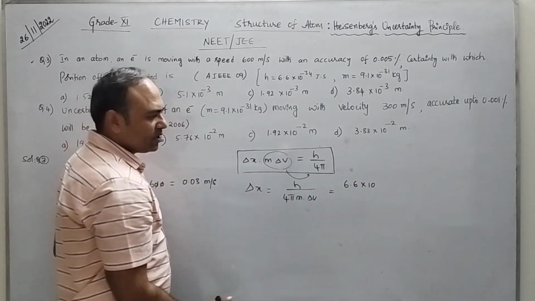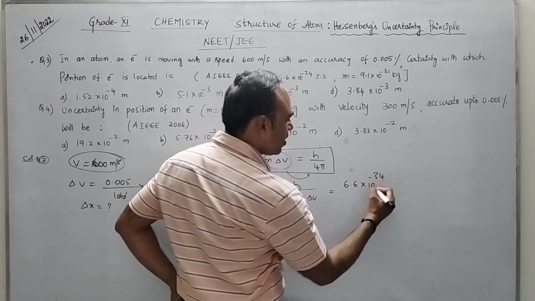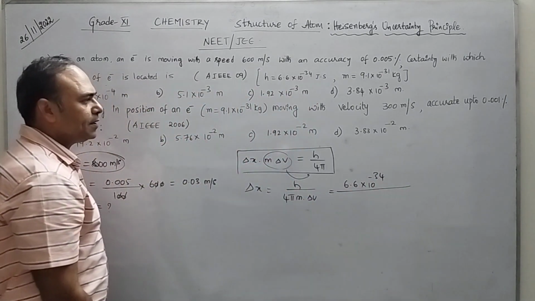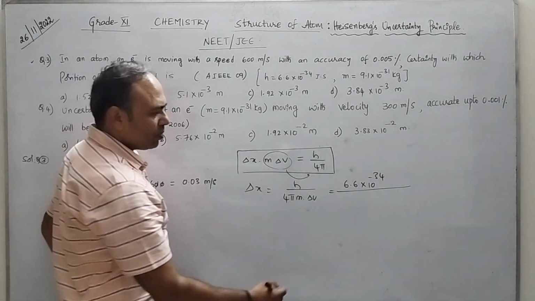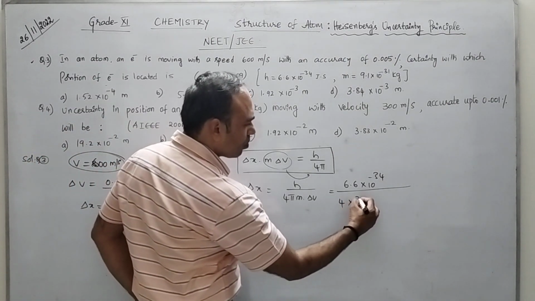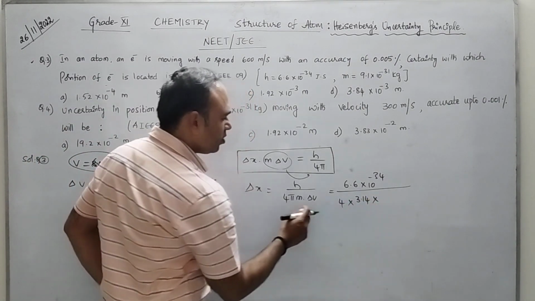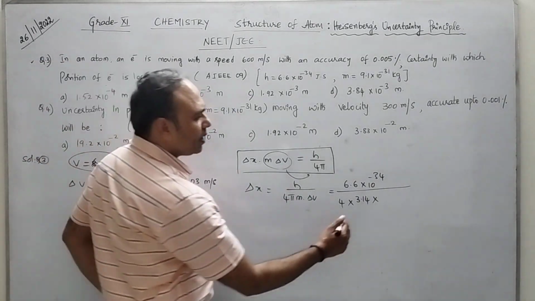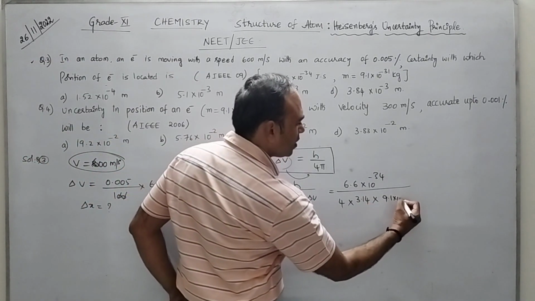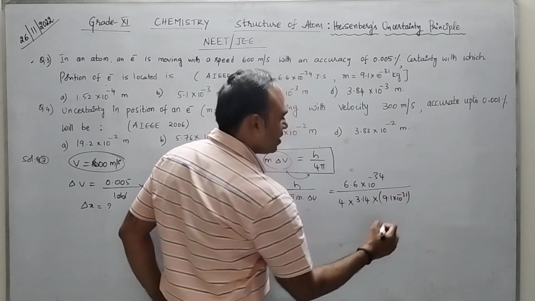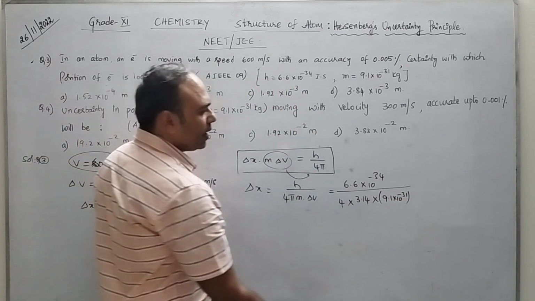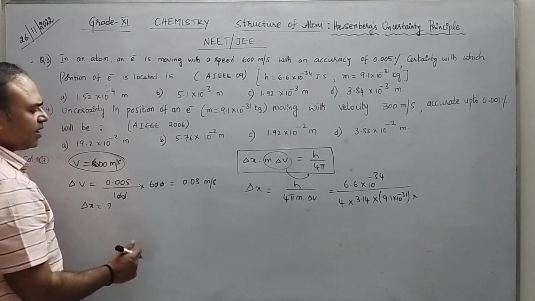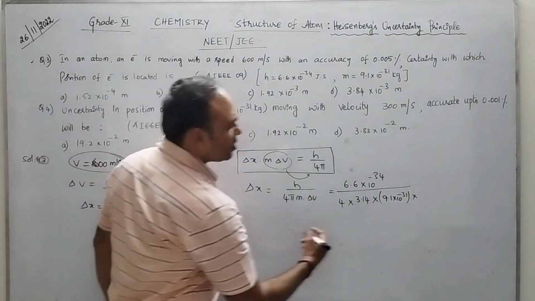Planck's constant h is 6.6 into 10 to the power of minus 34 joule second, divided by 4 into pi value 3.14, and the mass. So here an electron, hence 9.1 into 10 to the power of minus 31 kg. And delta v we have calculated, 0.03.